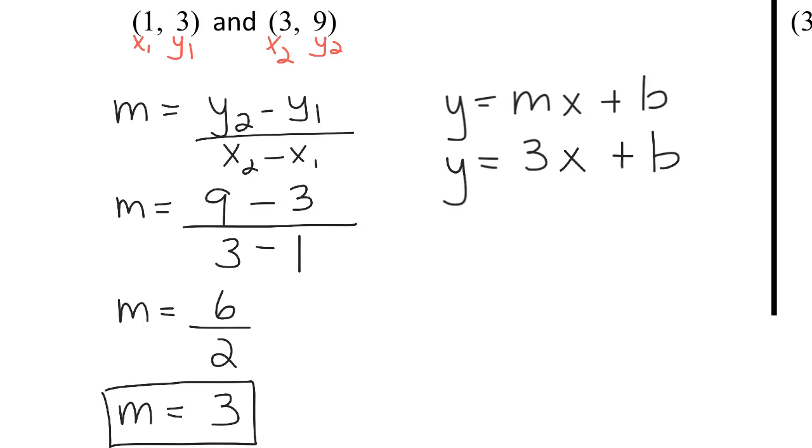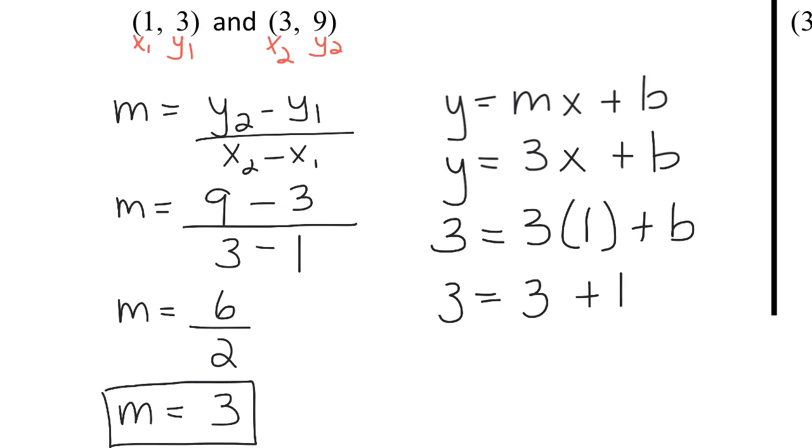My y value in the first point is 3, so that's going to go in the place of y. My slope is 3, and the x value in the first coordinate point was 1, so I'm going to plug that into the place of x. And I'm going to solve for b. So 3 multiplied by 1 is 3.